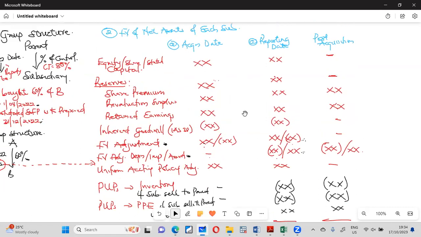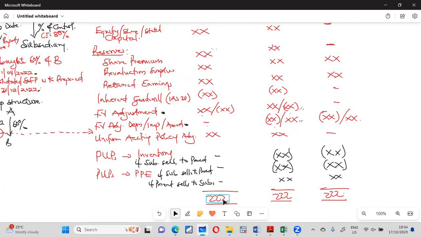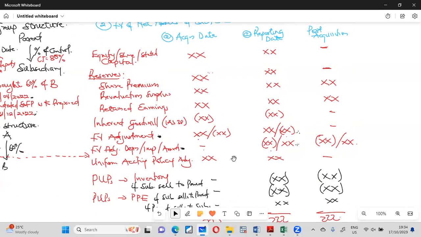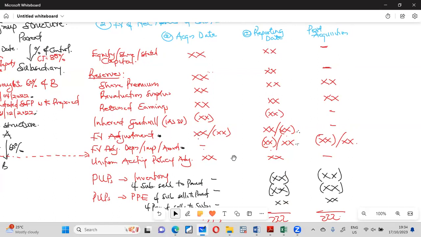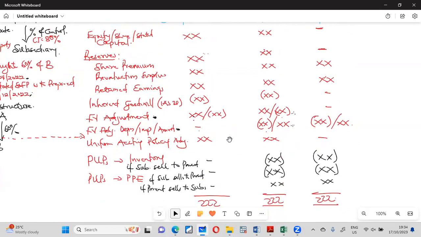He will give you the fair value of the net assets of the subsidiary at acquisition, and that is what you were looking for. It is the amount that he has given to you already. Then you just put it there and find out which one was missing, like the way we do cash flow workings. All right, so that is that.